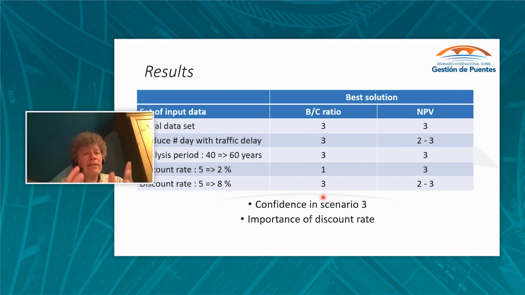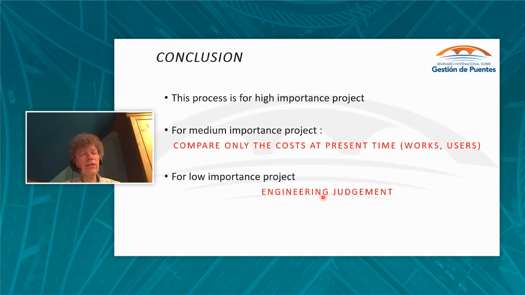So with this very short, I agree with you, very simple parametric analysis, I have a certain confidence in scenario 3. As a conclusion, we propose to use this process that I showed you for projects of a certain big importance.